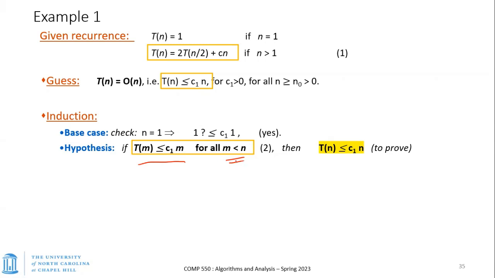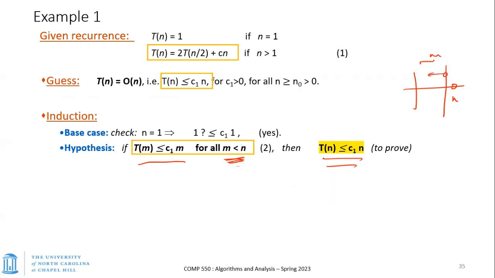And now what we're essentially trying to prove is that if this is the case, then T of n is also less than or equal to C1 times n. So you notice that we've taken a range of values, with m going up to here.